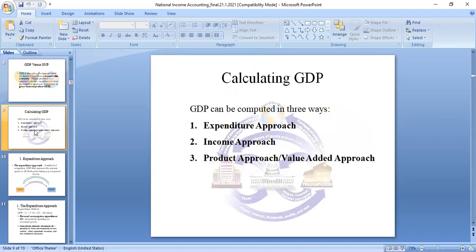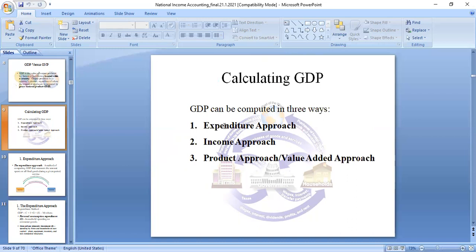So how do we calculate the national accounts? Remember, we are looking at national income, right? How do we measure this national income? We basically have three approaches in measuring national income.